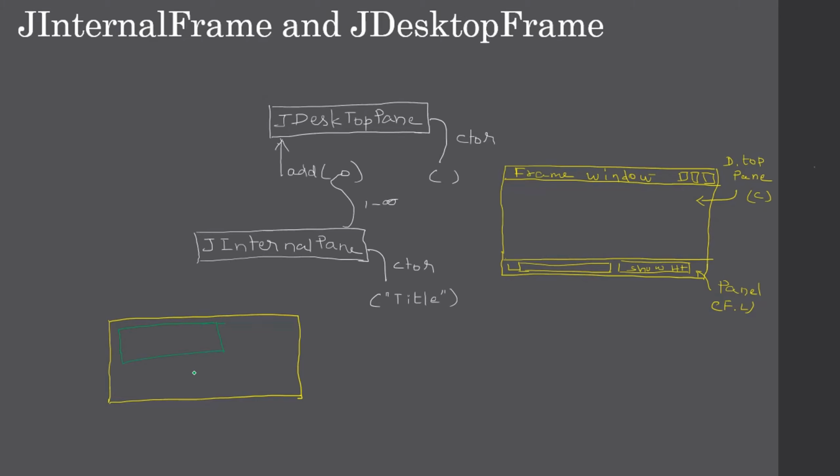and when you click again, it will show one more internal frame. So this will be our desktop pane. The desktop pane will manage one or more internal frames. In our case, we are going to display HTML content inside this internal frame.